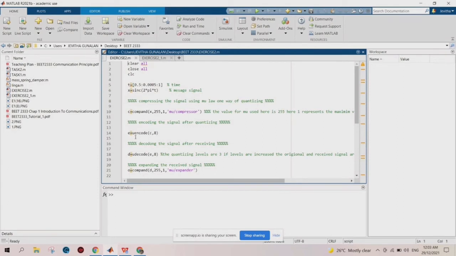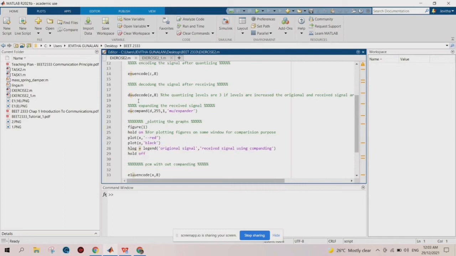E equals uencode(c,8), D equals udecode(E,8), and O equals compand(D,255,1,'mu'), the expander.